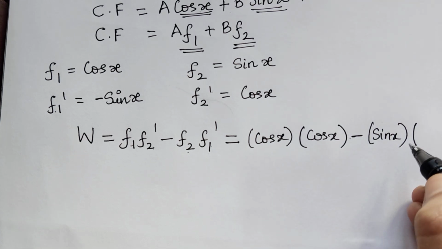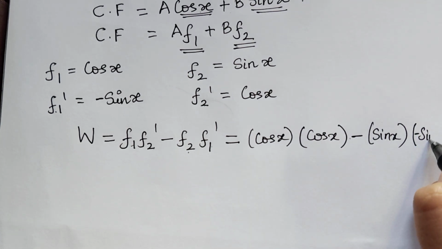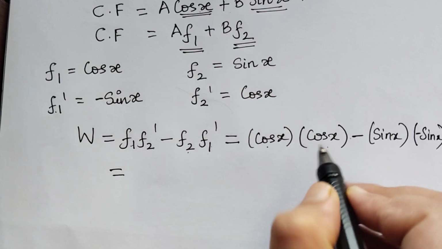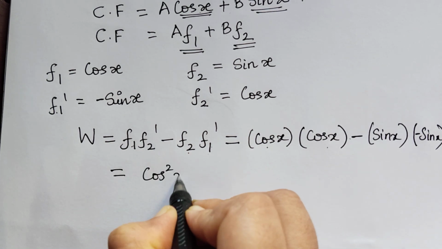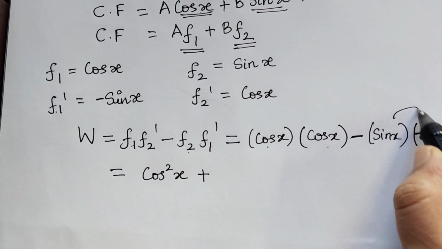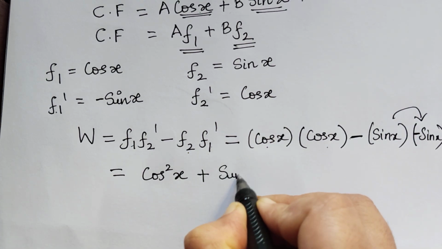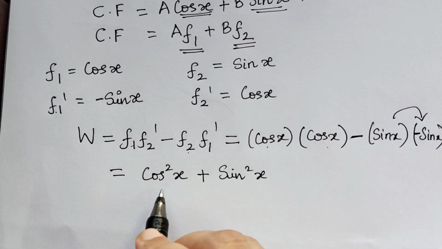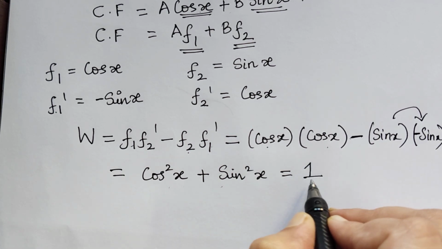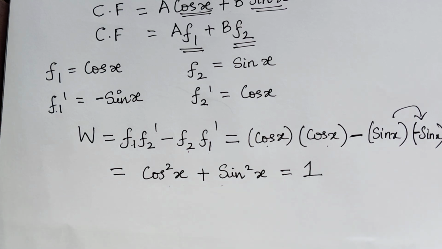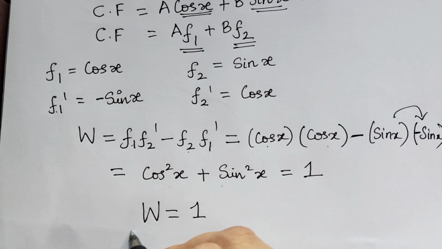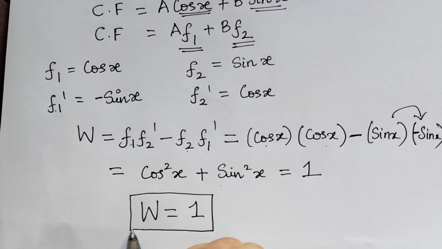This is equal to cos squared x, plus, since minus into minus becomes plus, sin squared x. We know that cos squared x plus sin squared x is equal to 1, by the trigonometric identity. Hence we obtain the value of W to be equal to 1.